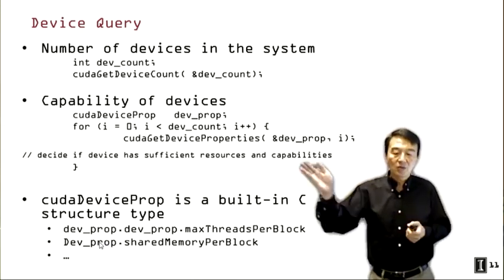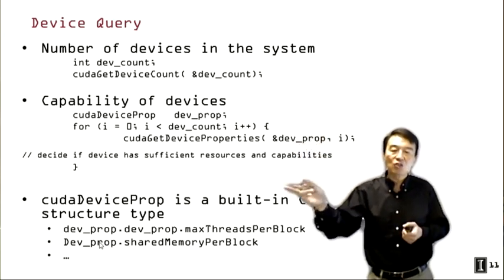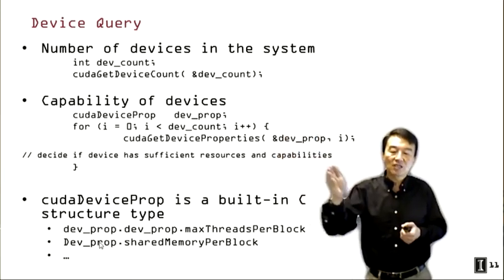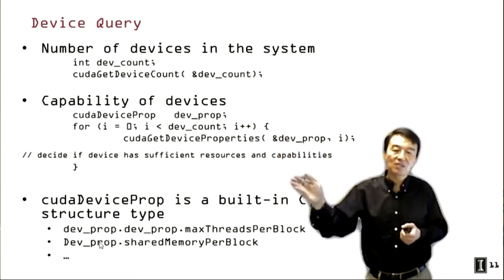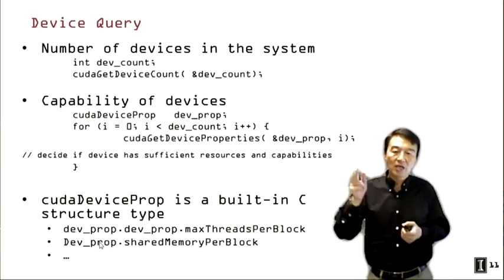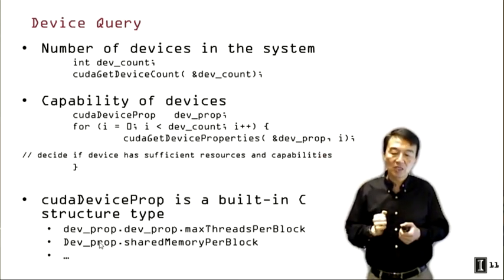Then you can query the capability of each device by going through a for loop over all the devices, from device number 0 to the device count minus 1. For each device number, you can call an API function called cudaGetDeviceProperties.